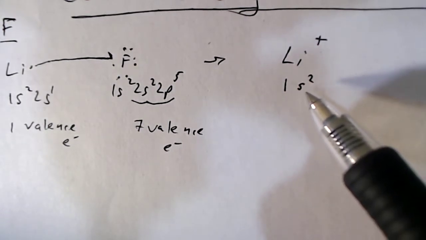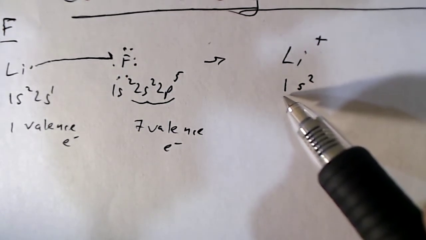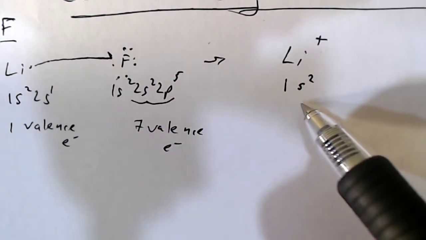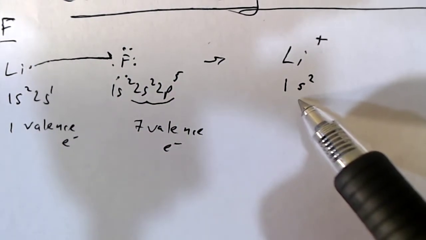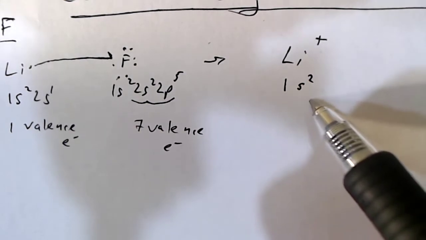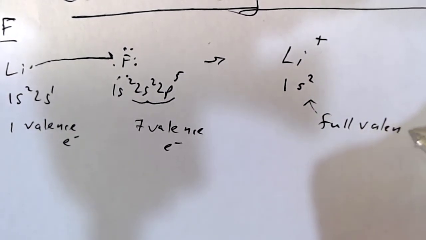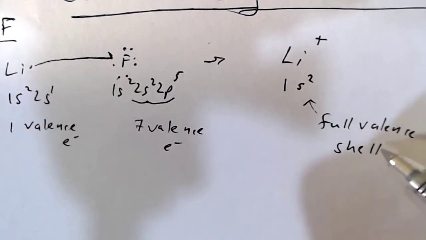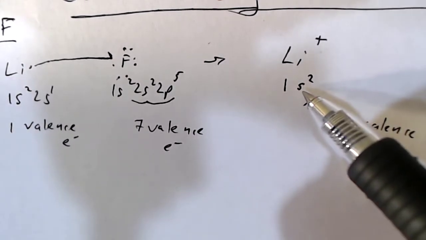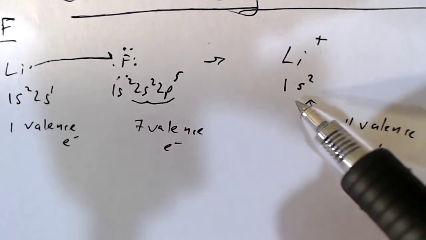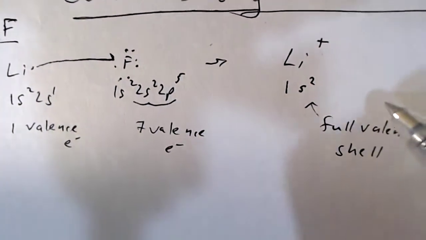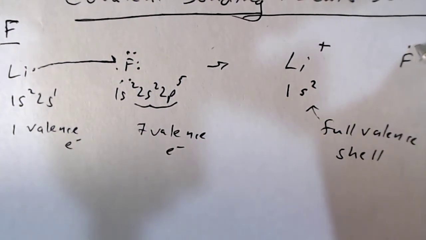Now this will make lithium quite stable because now it will have the same electron configuration as helium, the most nearby noble gas. It will have a full valence shell. It will have just enough electrons to entirely fill principal energy level 1. And then fluorine will now have one more electron than it did before.